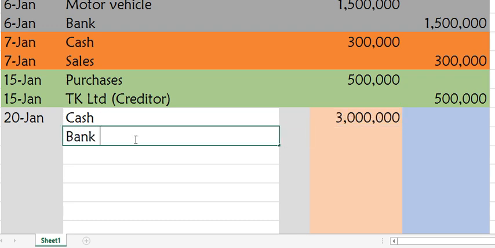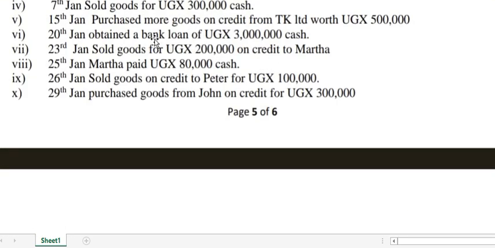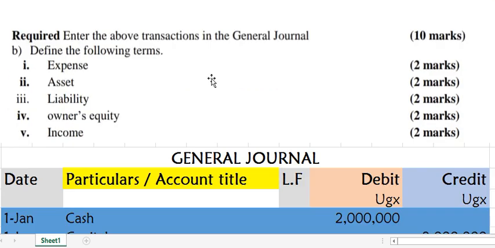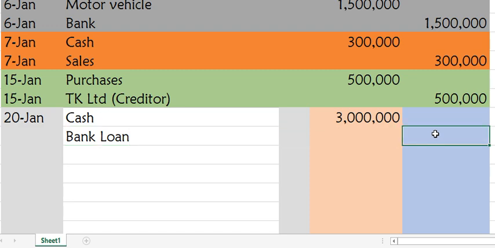Then we have a bank loan, because our cash is increasing simply because of the bank loan obtained by the business. The bank loan is a liability to the business, and we have seen already that liabilities increase with a credit entry. So we credit the bank loan.